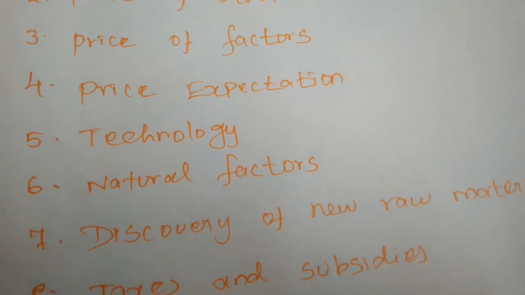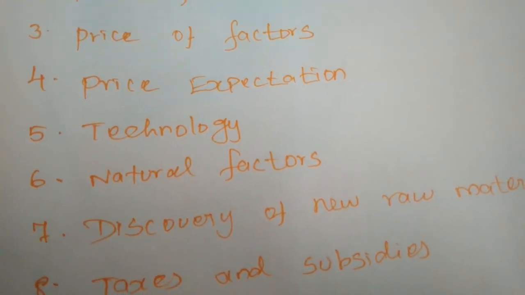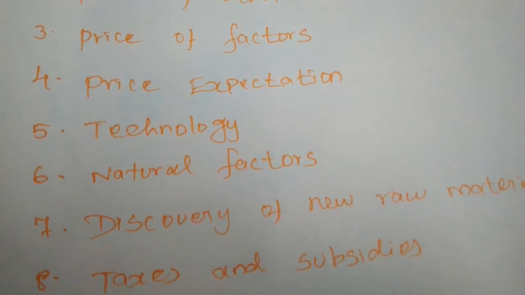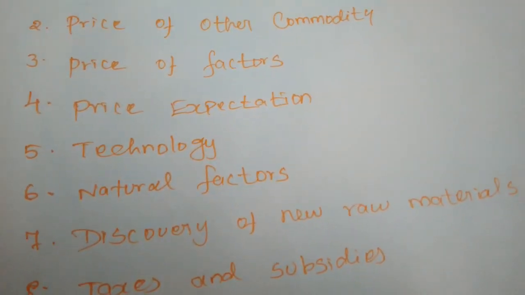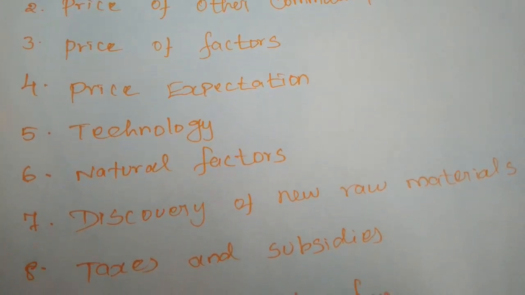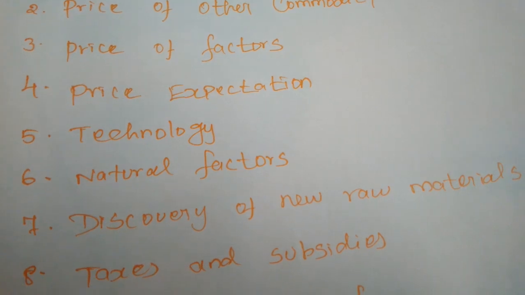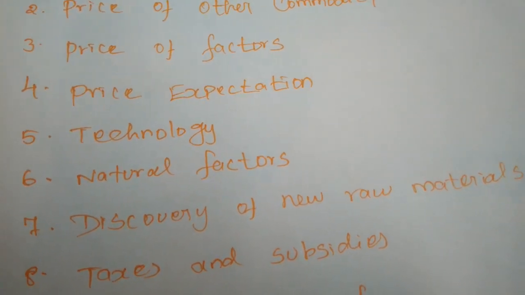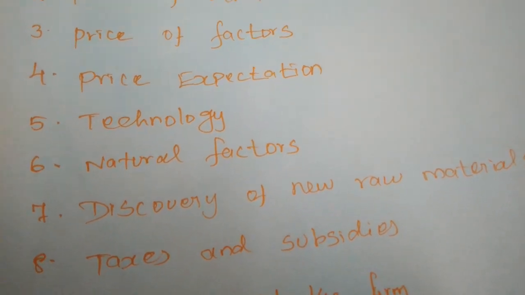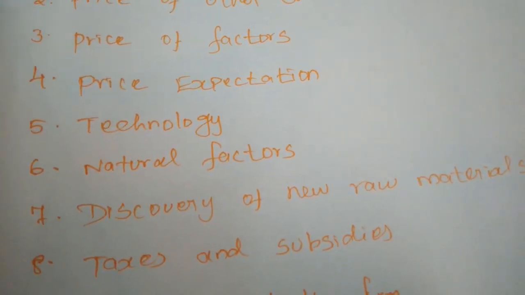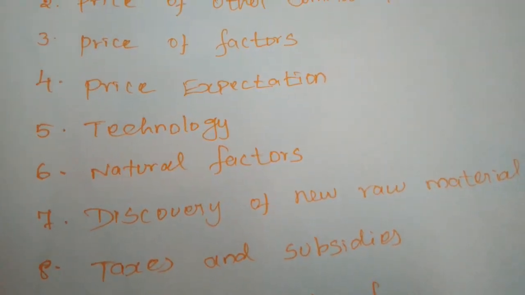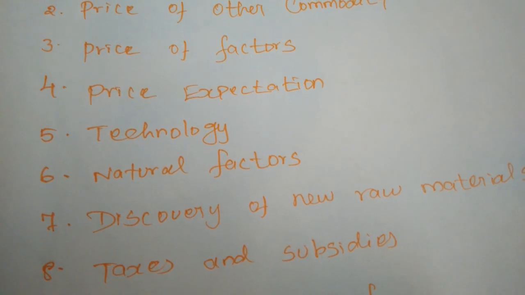Next, price expectations. The expectation over future prices determines present supply. As we said already in the factors determining demand, expectations will also affect the supply of a commodity. Now if people expect that the price of the commodity is going to reduce in future, the supply will be affected.